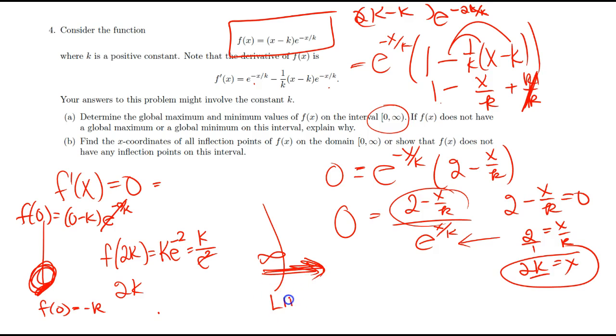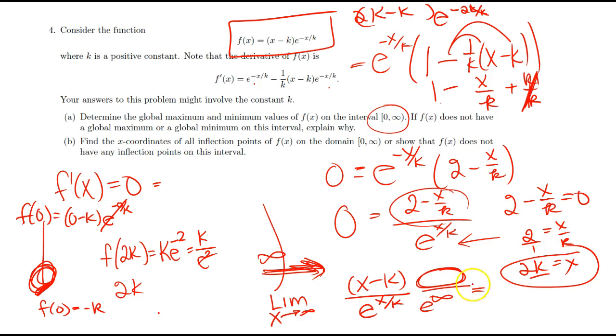The limit as x approaches infinity is x minus k over e to the x over k. Well, the denominator is exponentially approaching e to a really, really large number, and it's growing way faster than the numerator. So if the denominator is growing at a larger rate than the numerator, this is approaching 0.